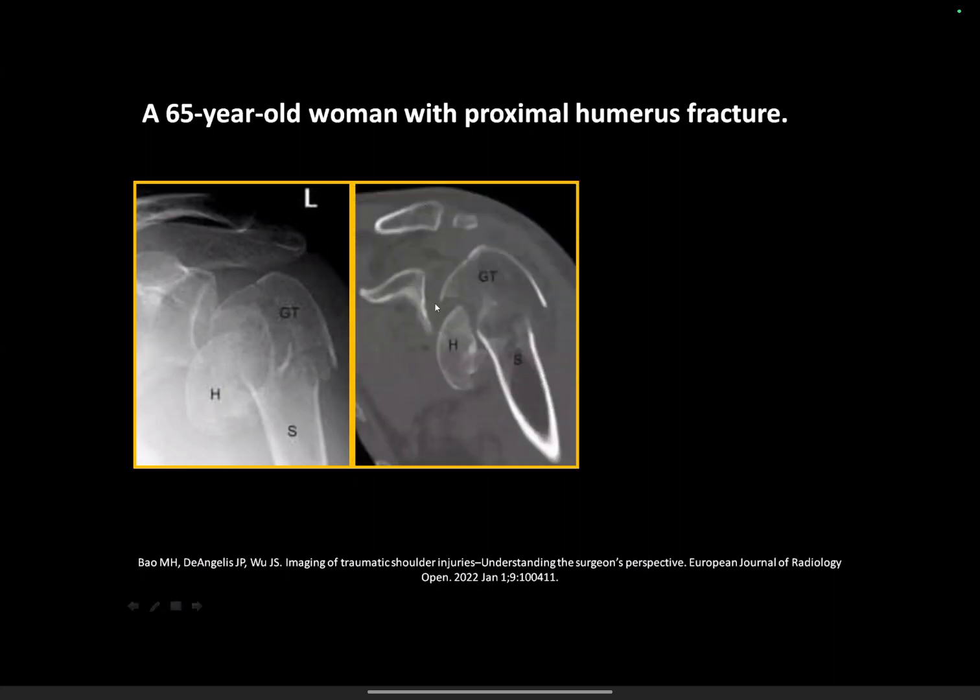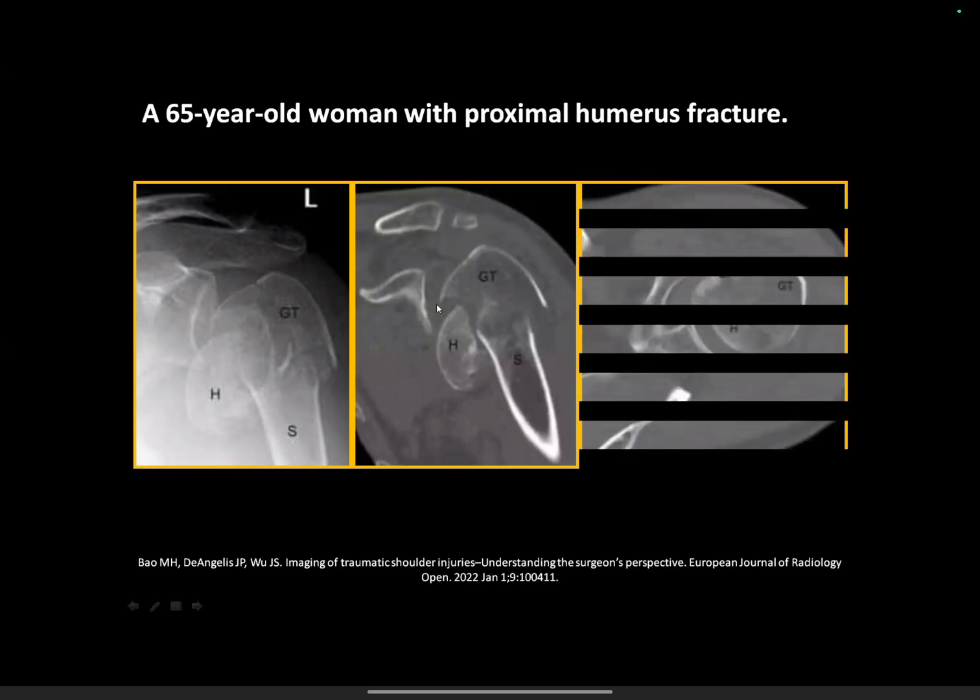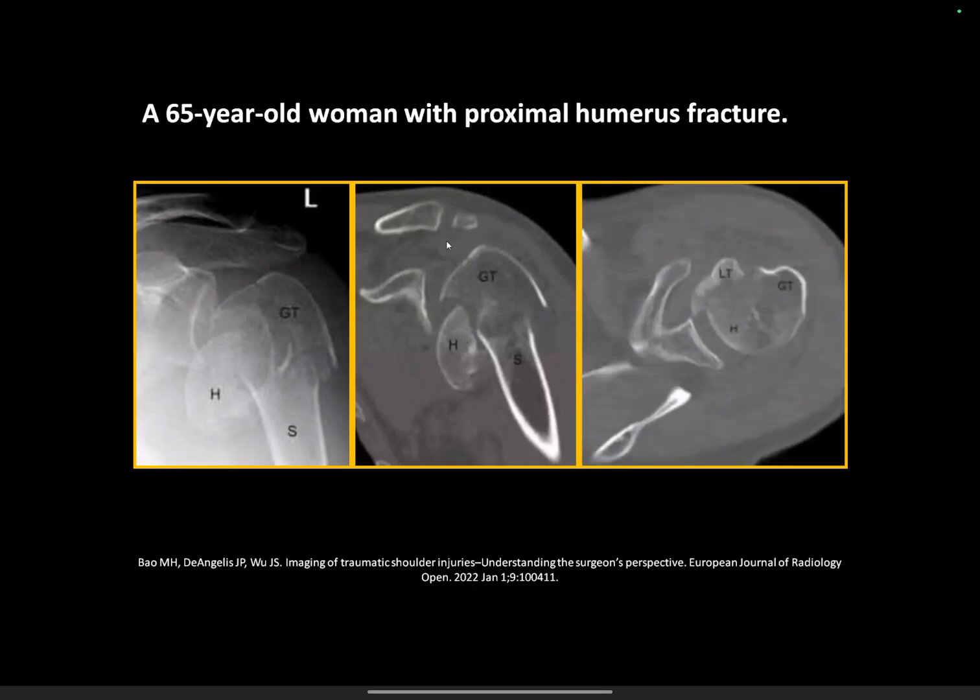With CT, as you can see, there is further subdivision of the fragments: the surgical neck, the greater tuberosity, the humeral head, and the lesser tuberosity. So the lesser tuberosity could be easily missed on radiograph. Therefore, this is just to further emphasize the importance of the use of ultrasound because it brings other structures that are involved to light.